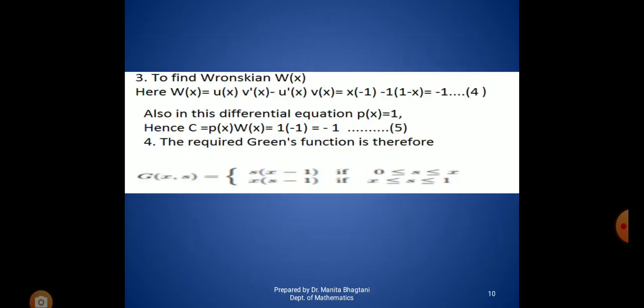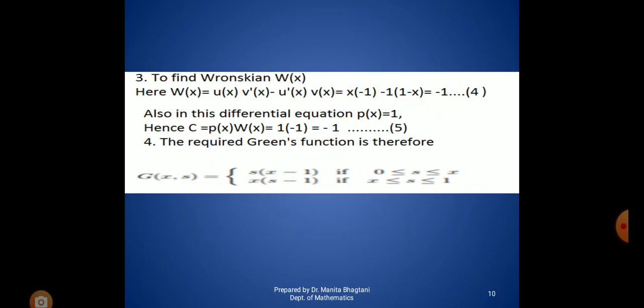Now to find the Wronskian, to check whether the solutions are linearly independent or not. The formula of the Wronskian W(x) is u(x)v'(x) minus u'(x)v(x). Putting the values of u(x), v'(x), u'(x) and v(x) from above, we get Wronskian equals minus 1. Also, in this differential equation, the coefficient of d²y/dx², that is p(x), equals 1.